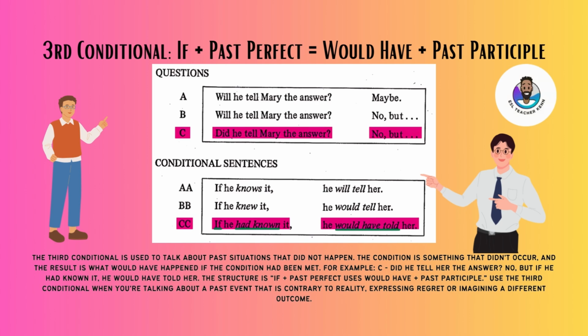No. But if he had known it, he would have told her. The structure is if and past perfect, uses would have and past participle. Use the third conditional when you're talking about a past event that is contrary to reality, expressing regret, or imagining a different outcome.